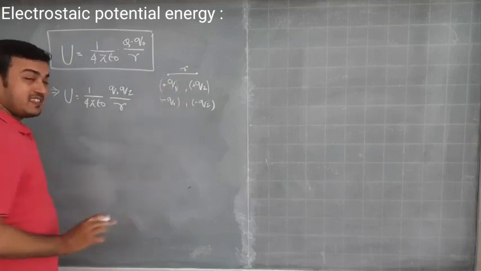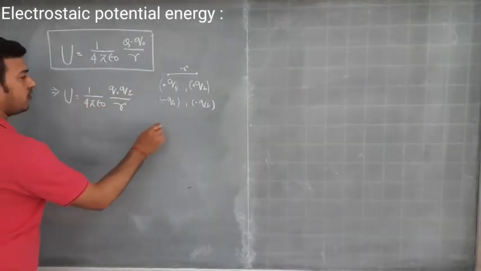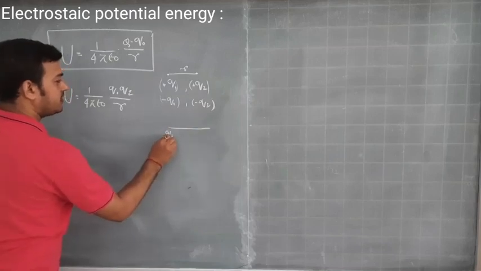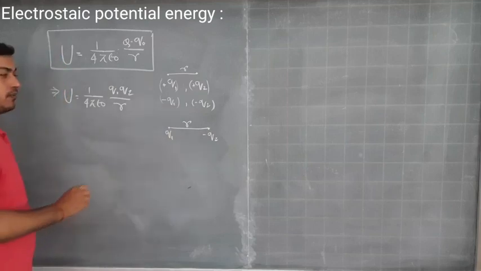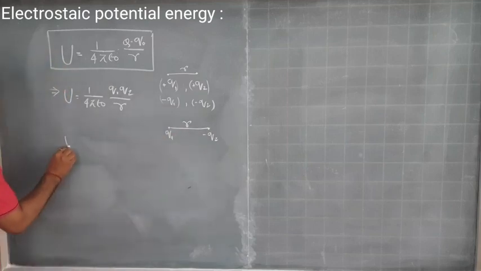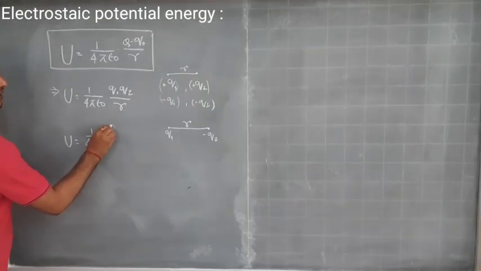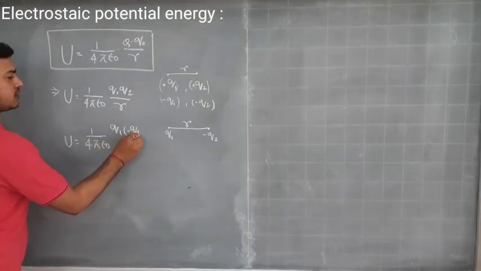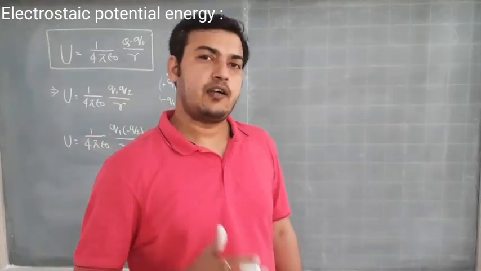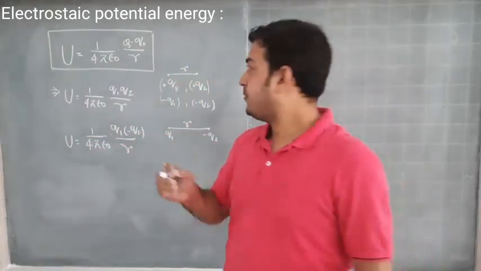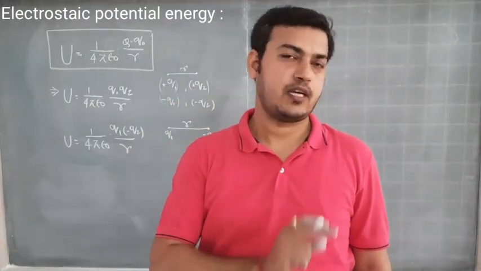So for like charges, the electrostatic potential energy of the system is positive. On the other hand, if I take a pair of charges that are opposite in nature, for this system the electrostatic potential energy will be 1 by 4 pi epsilon naught q1 into minus q2 divided by r. So while calculating the electrostatic potential energy, just keep in mind that you have to place the value of the charge with proper sign.